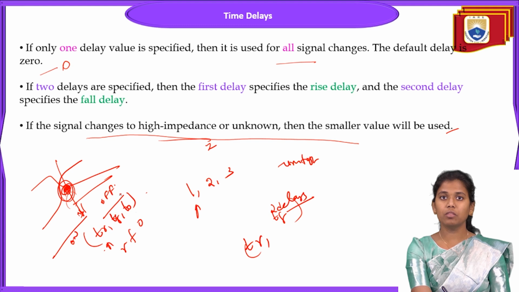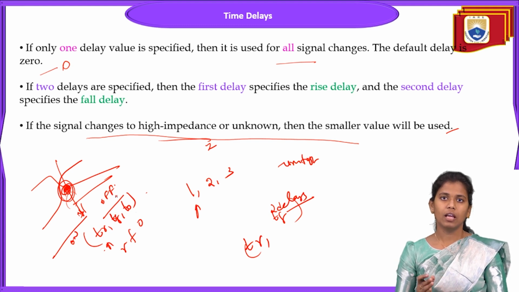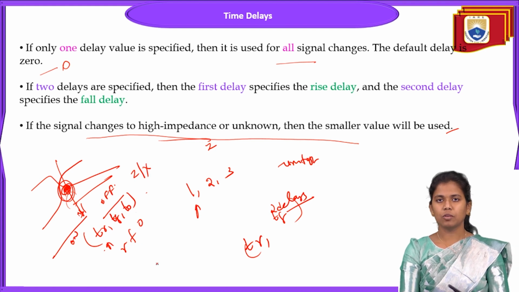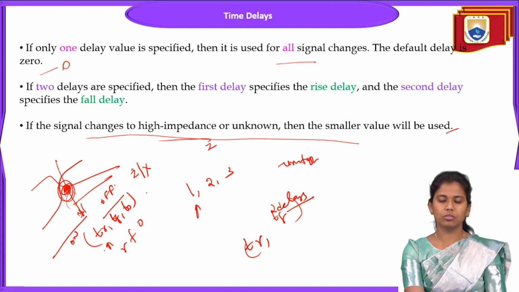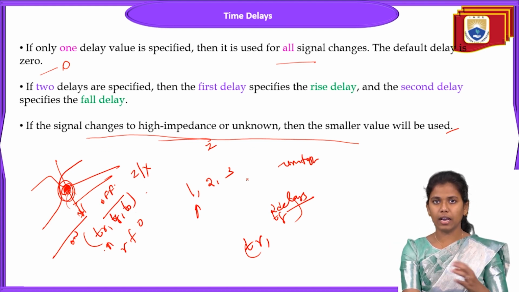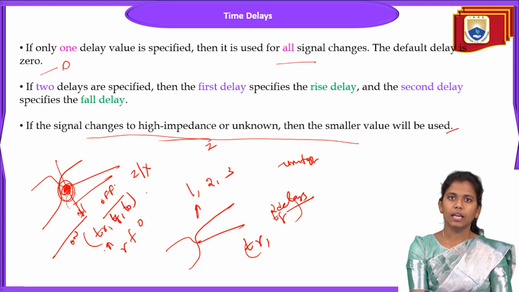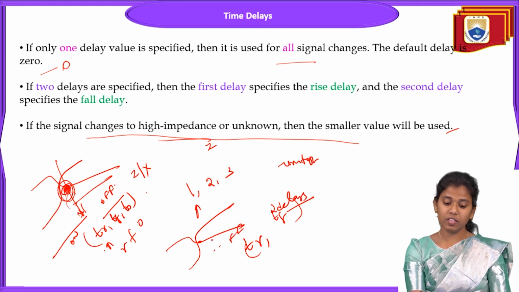That means the values are going to a high level value, that is high impedance value Z or X. X is nothing but the unknown value and Z is nothing but the high impedance value. So if the signal changes to high impedance or unknown values, then the smaller value will be used. Beyond this point the switch goes to the off condition, and within this limit the switch will be in the on state.